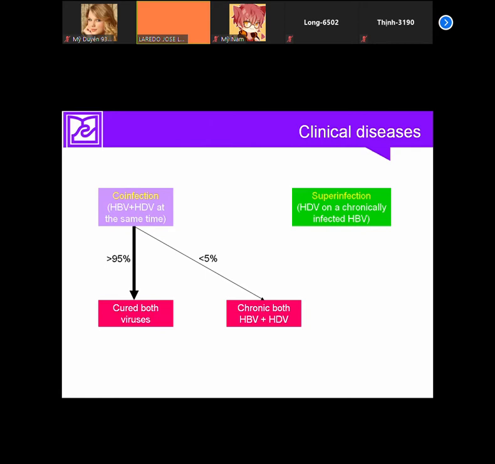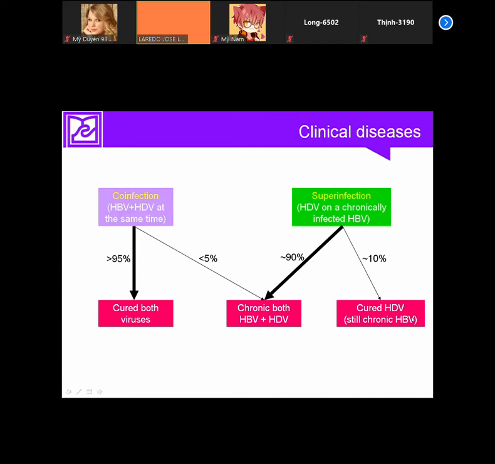What about the second scenario, superinfection? Superinfection means hepatitis D virus infection on a chronically infected hepatitis B virus infection. What happens to this patient? Most times, about 90% of times, this patient will become chronically infected by both viruses, hepatitis B and hepatitis D. However, around 10% of patients will be cured of hepatitis D virus, but not B virus.